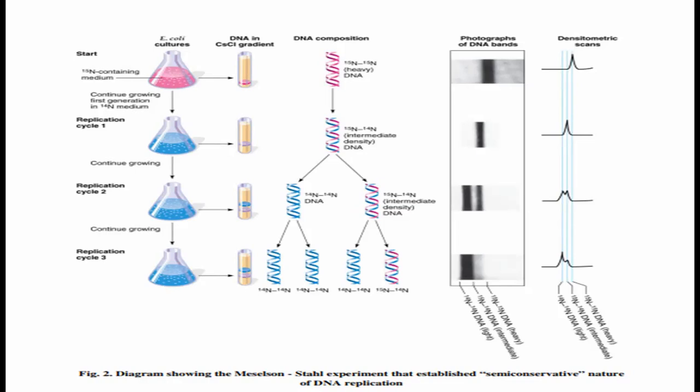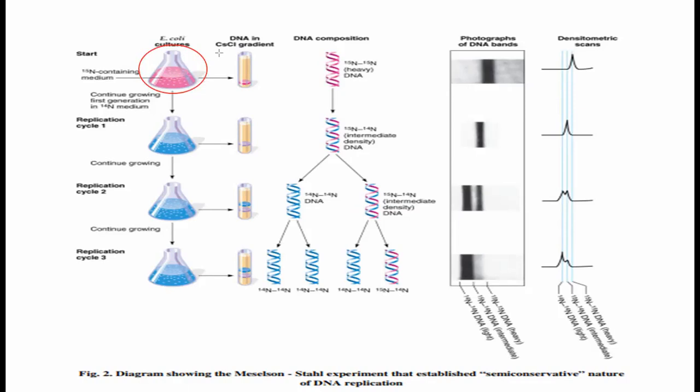What they did is they carried out the DNA extraction on the bacteria E. coli. Initially they cultured the E. coli in a medium containing nitrogen 15 as a source of nitrogen.